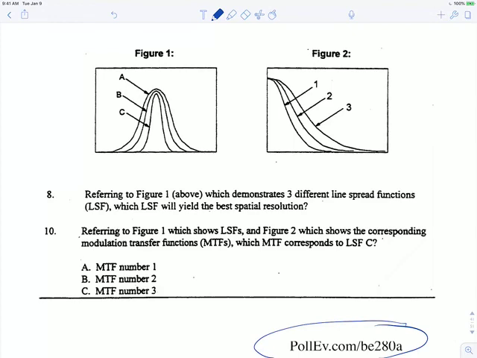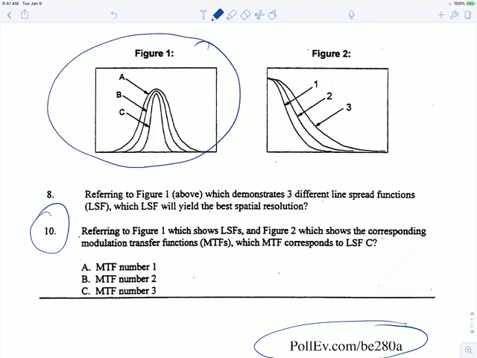And let's do problem 10. This shows different LSFs, and we want to say what MTF corresponds with C. So you have choices of MTF 1, 2, or 3.